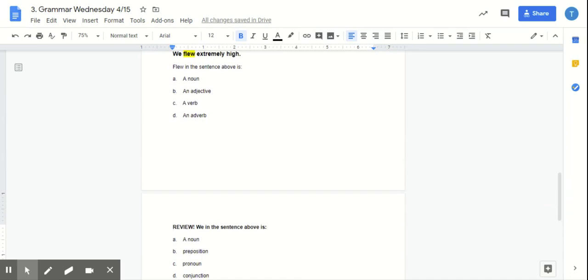So the sentence "we flew extremely high" is asking us what "we" in the sentence above is. A, pronoun, B, preposition, C, pronoun, or D, conjunction. What do you guys think? Yes, exactly. This is a pronoun because "we" could represent a group of people.